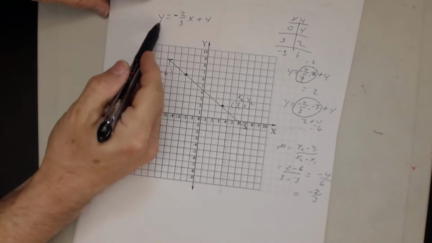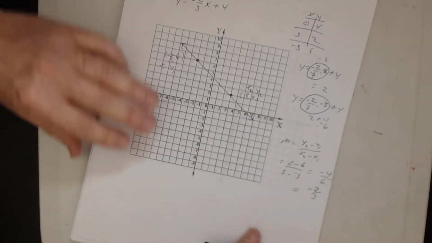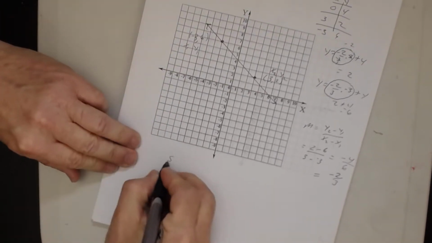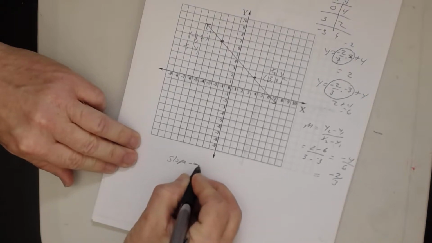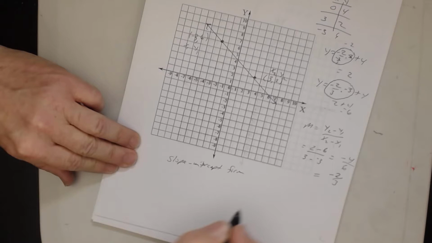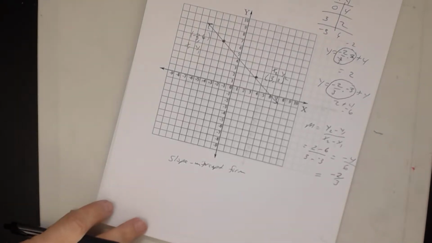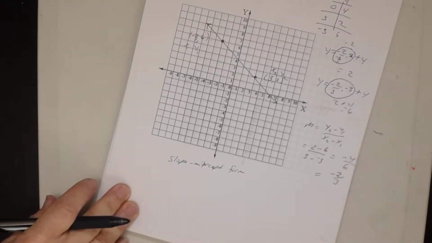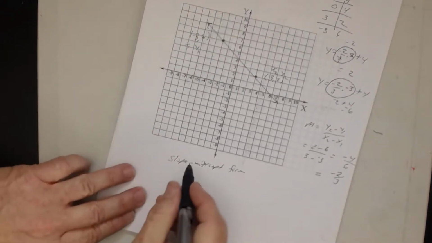So this right here is called slope-intercept form. Slope-intercept form, F-O-R-M. Whenever you get y by itself, it's slope-intercept form. So slope-intercept form is y equals mx plus b.